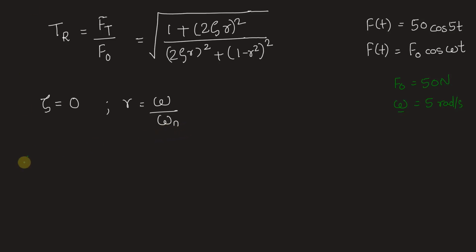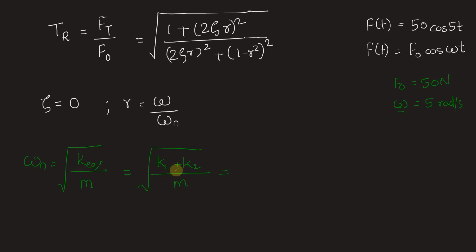The natural frequency of this system can be found using the equivalent stiffness. Because there is more than one spring, we have to calculate the equivalent stiffness divided by the mass. As the springs are in parallel, the stiffness will be added to get the equivalent stiffness. Hence we write K1 plus K2 divided by m.